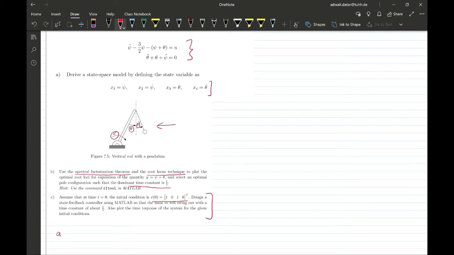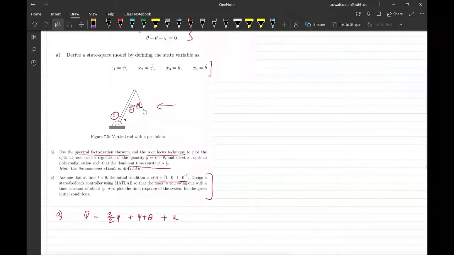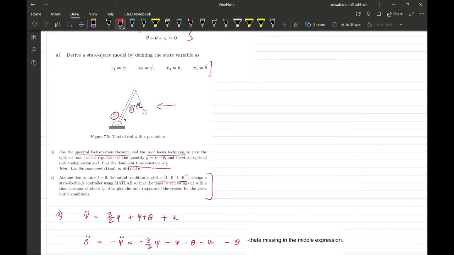So let's first write down the differential equations in a familiar format, which is psi double dot is equal to minus 3/2 psi plus 3/2 psi plus theta plus u, and theta double dot is equal to minus psi double dot, which is nothing but minus 3/2 psi minus theta minus u, and then we have minus theta additionally here.